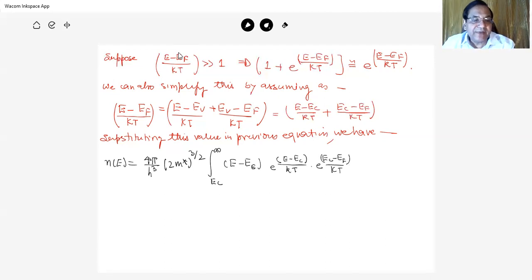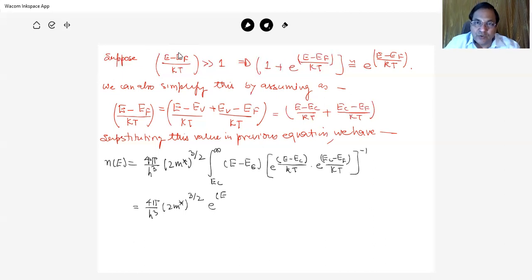So this value EC minus EF, from this expression, that is 4 pi by h cube, 2 m star to the power 3 by 2, e to the power EF minus EC upon KT. Why is it so? Because there is a negative sign as well.